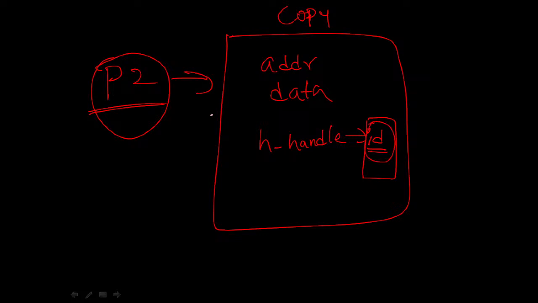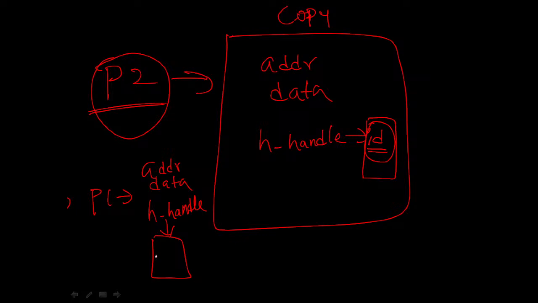Okay. So p1 has its own set, which means it consists of addr, data, and h underscore handle, which is being pointed to the object called id. So this is how two separate handles are being pointed towards different objects, okay. So in the previous step, what was happening?